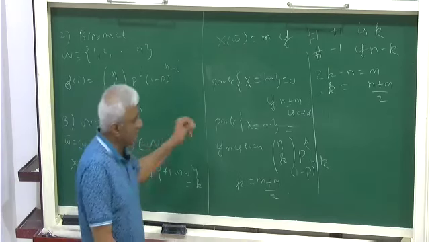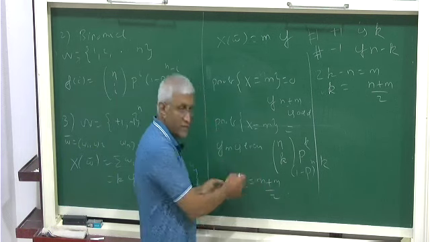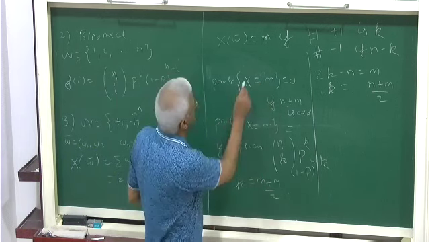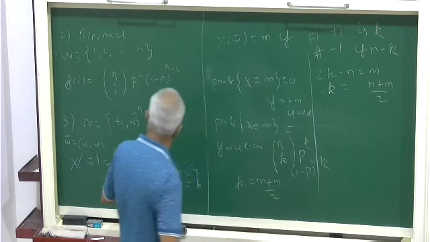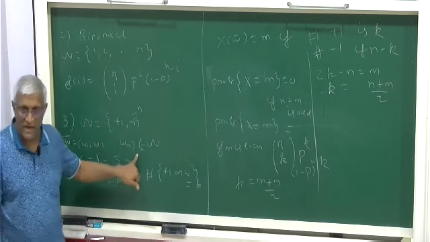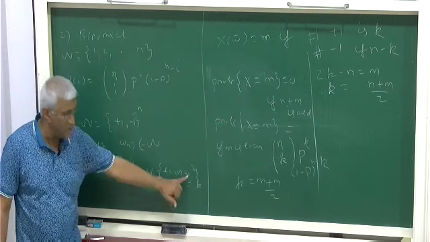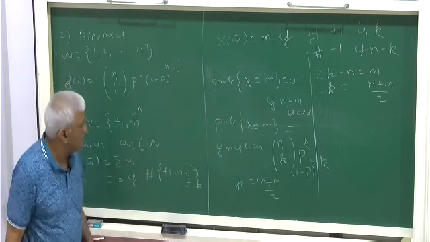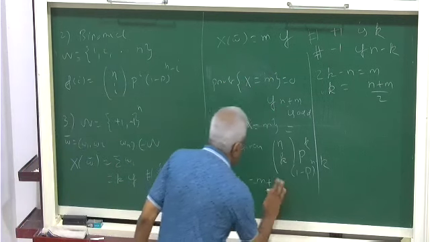The random walk, the probability of you being at the point m, but this m should be the summation of this omega i, right? The summation of omega i is exactly how many +1s are in the tuple. So k is (m plus n) by 2.